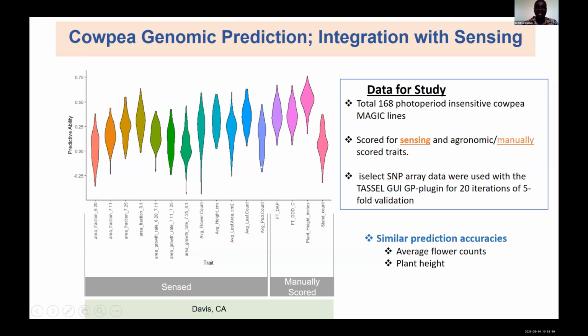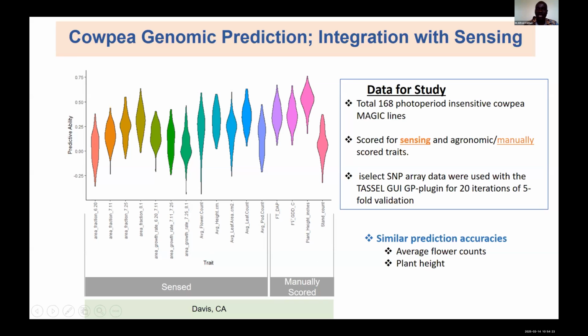Again here, this analysis was done by our partners from UC Davis. They generated a bunch of traits. What you see on this side are AI-generated data from images, and this is what breeders will typically go and score, or what the technicians will collect from the field.